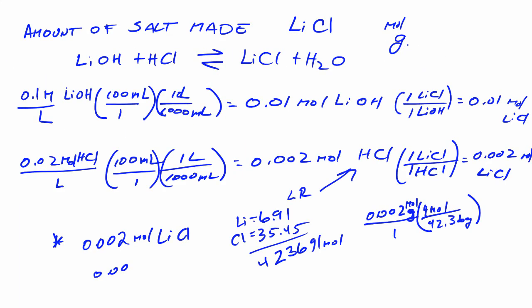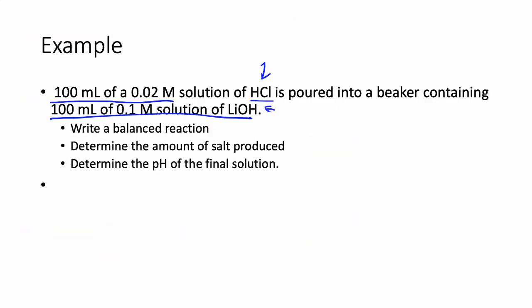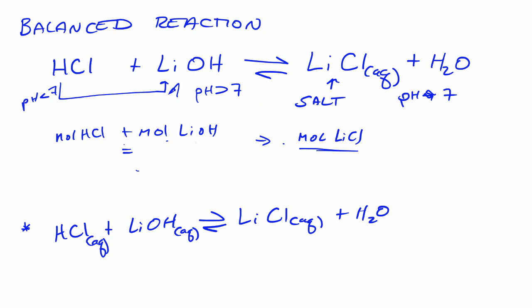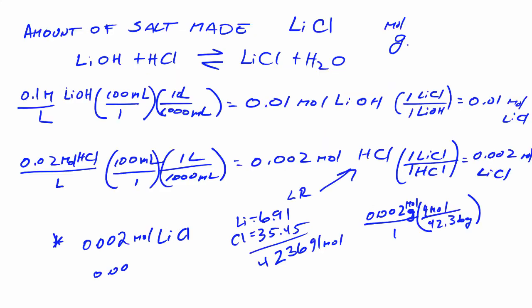Let's go back. 1, I want the balanced reaction. There's the balanced reaction. I'm doing this to give you guys an idea how to solve these problems in college if you continue on with chemistry or science. Here's the balanced reaction. Acid-base chemistry, neutralization reaction, you get a salt and water. All right, how much salt is made?